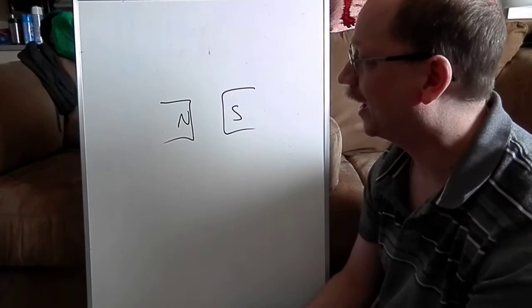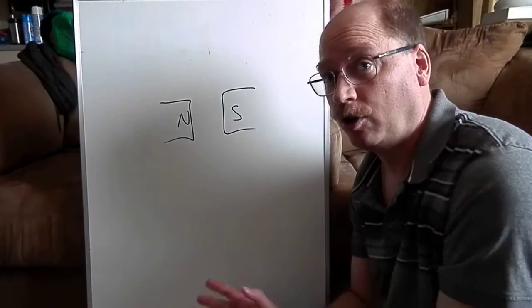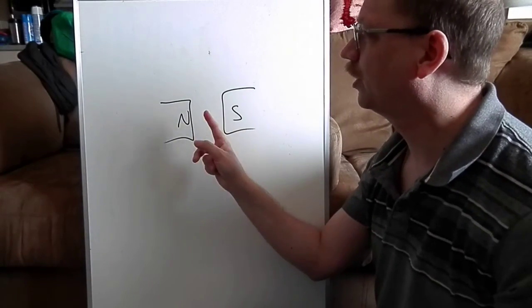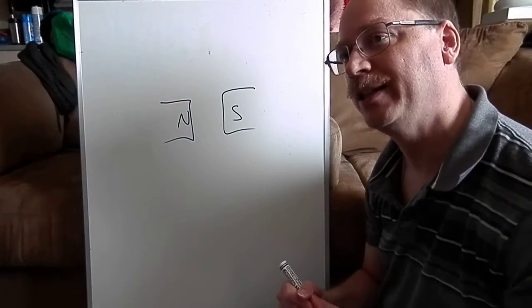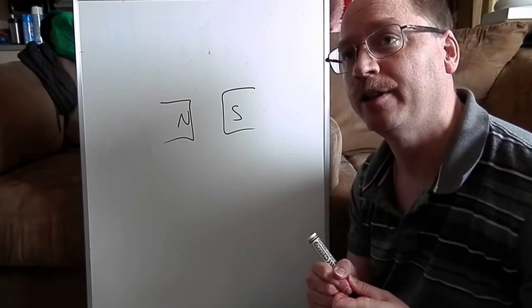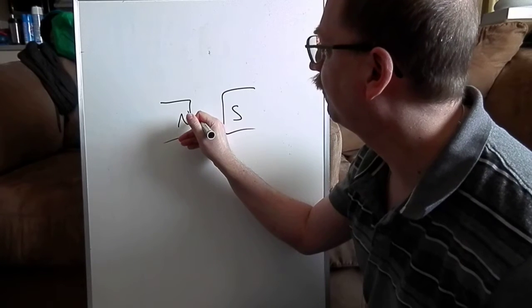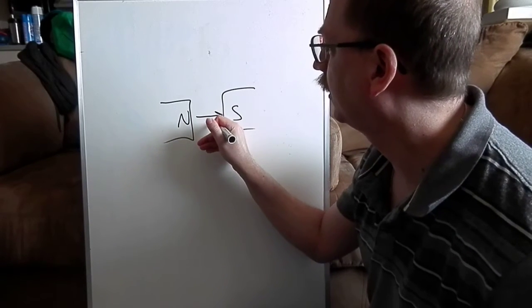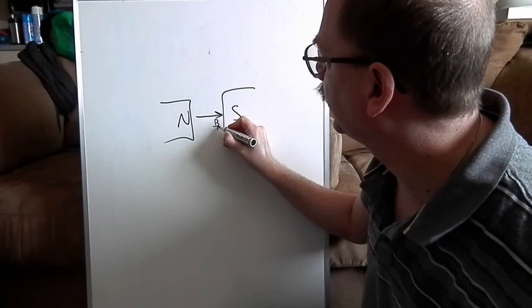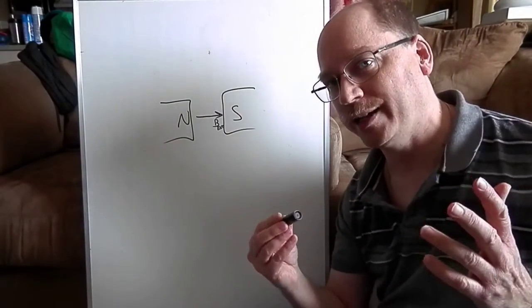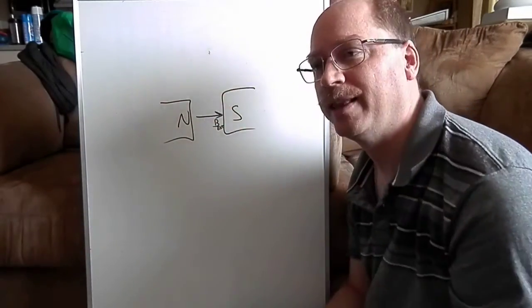So what's the direction of the magnetic field between these poles? Magnetic fields always point in the direction that a compass needle would point, so the magnetic field is pointing like that. And I'm going to call this B external, because it's the external magnetic field being created by this magnet.